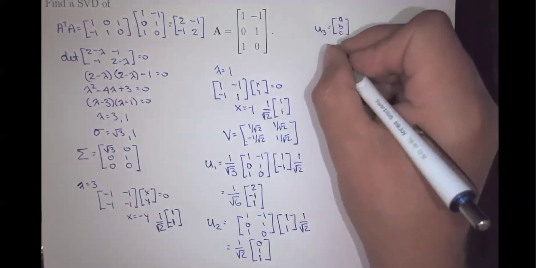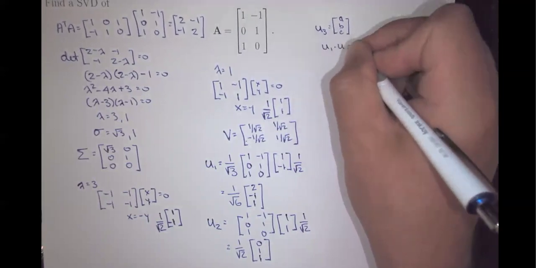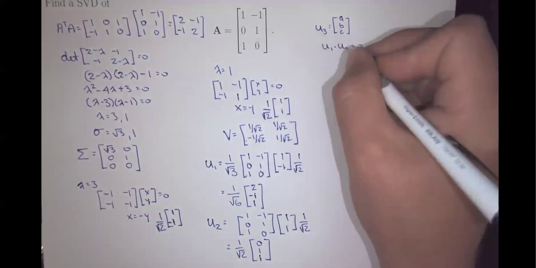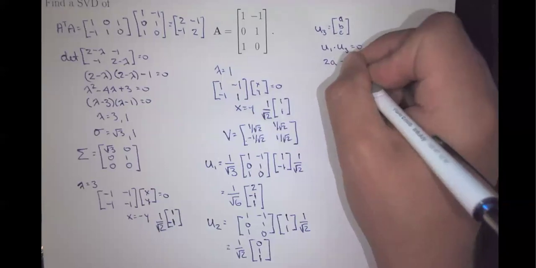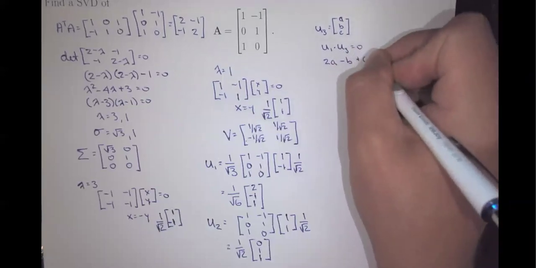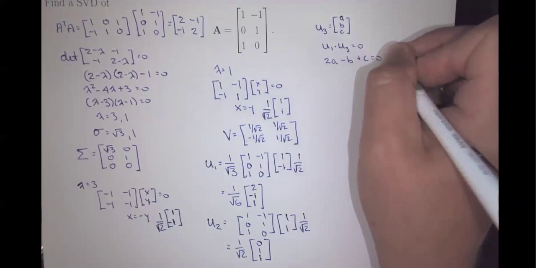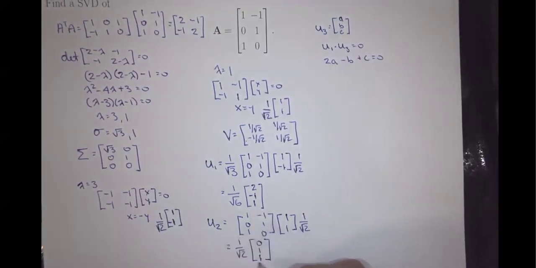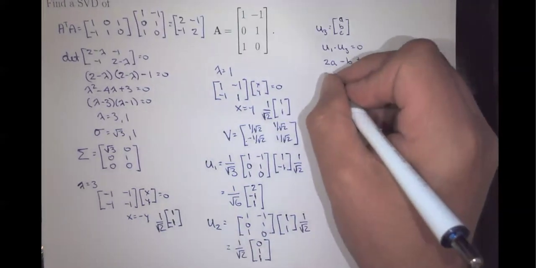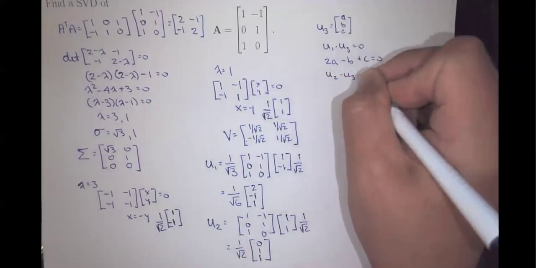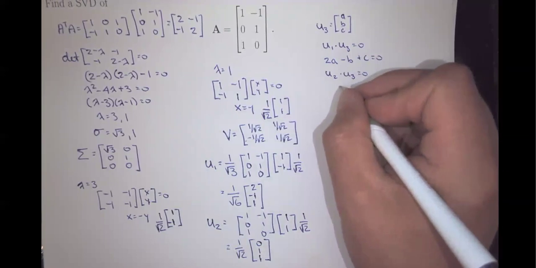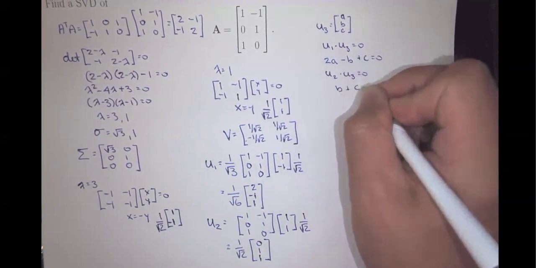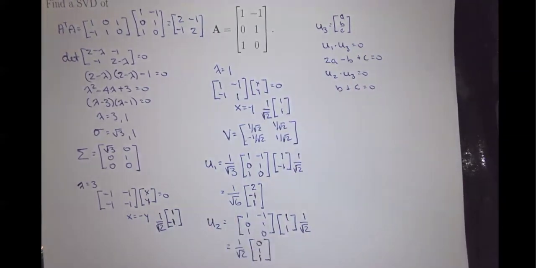So if U1 dot U3 equals 0, then we've got 2A minus B plus C equals 0. And if it's perpendicular to U2, then we've got U2 dot U3 equals 0. So B plus C is equal to 0.